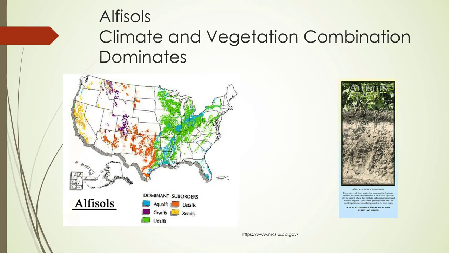Alfisols, these are also climate and vegetation combination dominations. This is in forest or savanna vegetation, clay in the subsoil, and generally very fertile. And so that's going to be again near the Mississippi Valley.